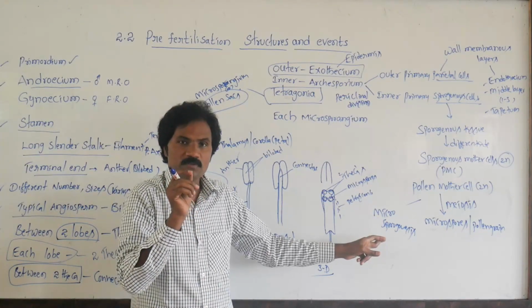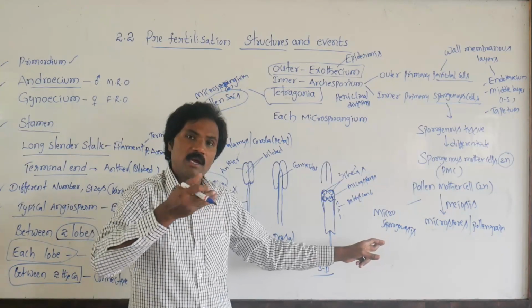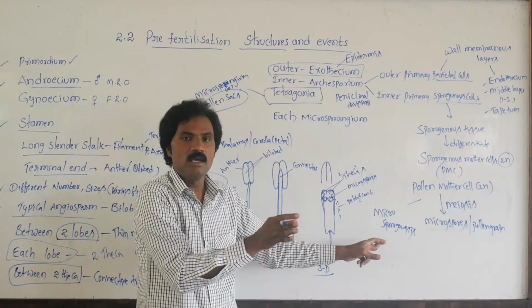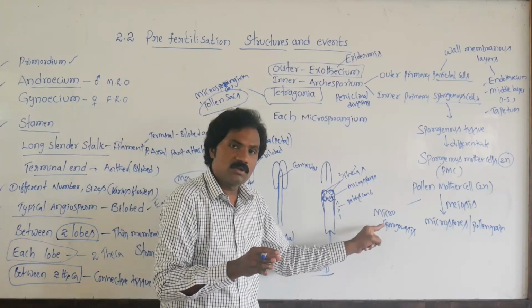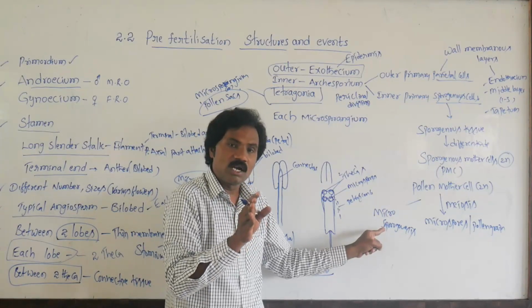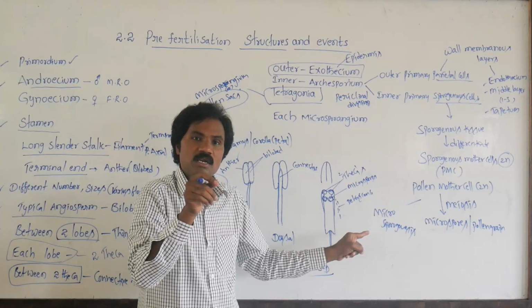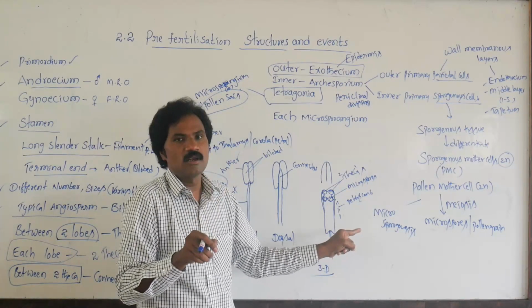What type of cell division does microsporogenesis require? Similarly, megasporogenesis is related to the formation of the female, and microsporogenesis to the formation of the male. They ask which type of cell division is required for the formation of microspores from the pollen mother cell.